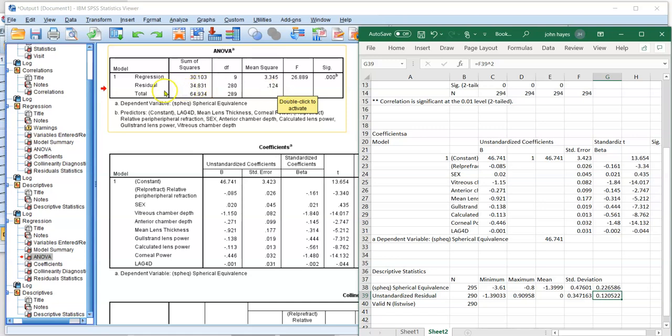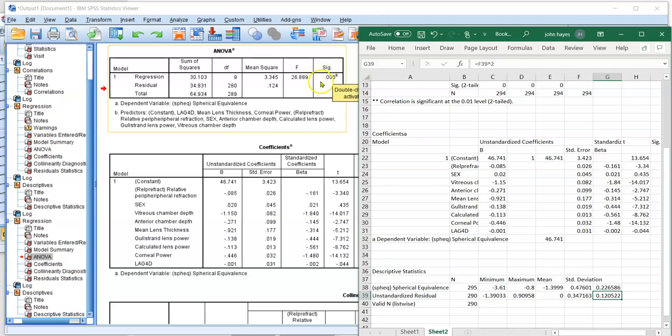And that's because the residual is the error, and what we have is regression. This is the model. This is how much the model predicts. And it was 3.34, and you divide 3.345 by 0.124, and you get an F. And the probability of finding this statistic, if there was no relationship between spherical equivalence and those other variables, the probability of finding that statistic as big as 26 or greater is p less than 0.001.